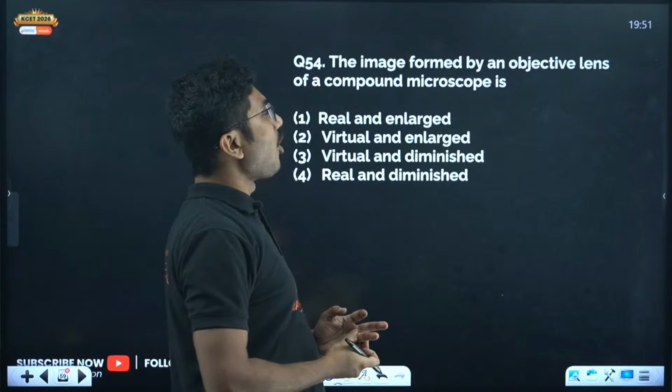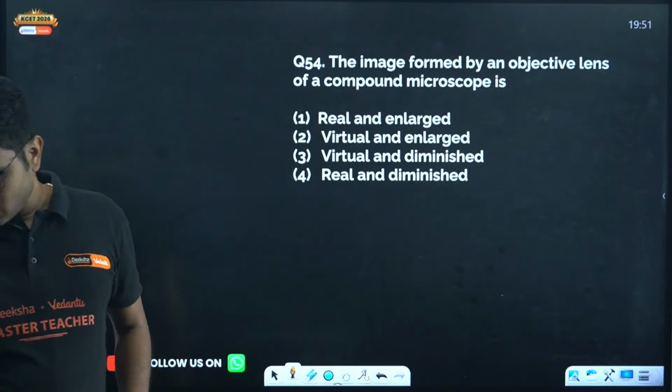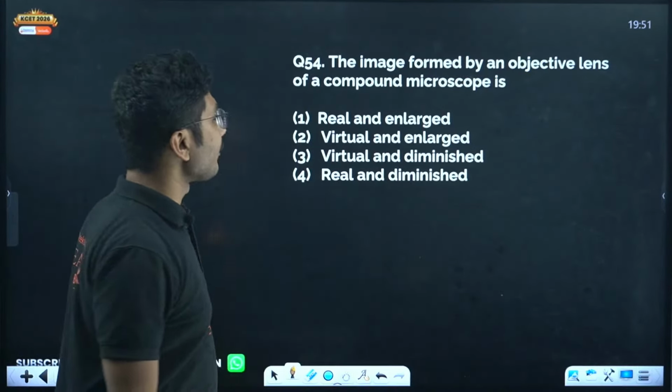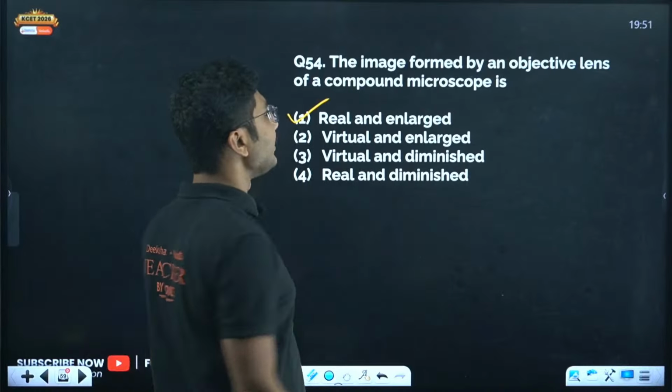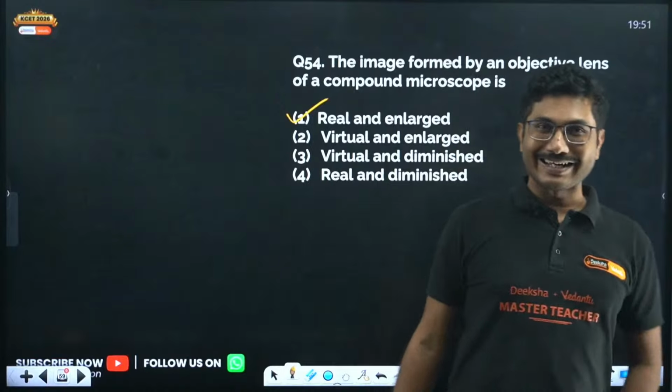The image formed by the objective lens of a compound microscope is always real and enlarged. The final image is virtual and enlarged.